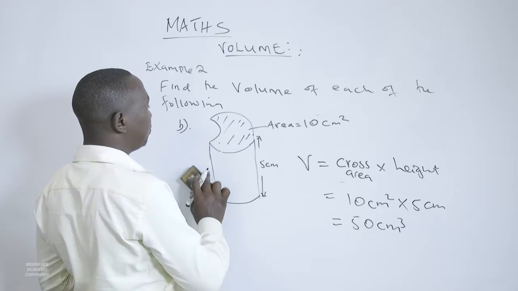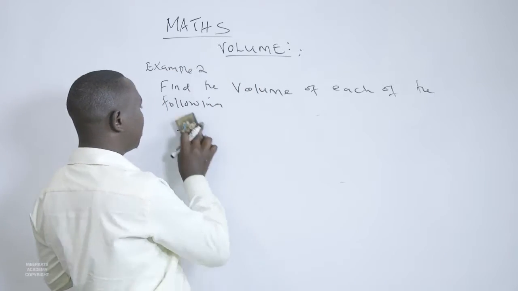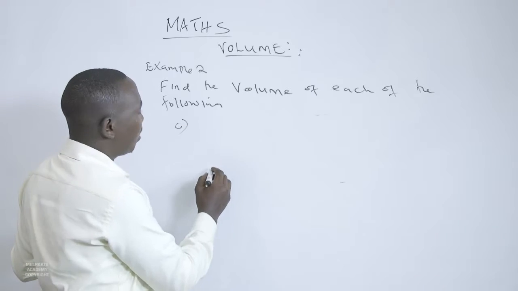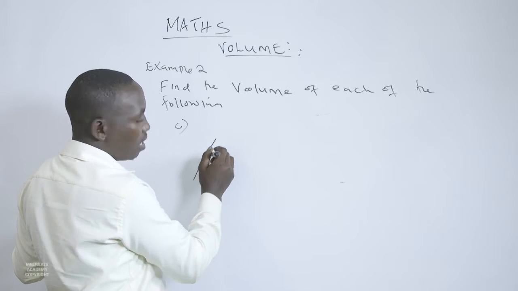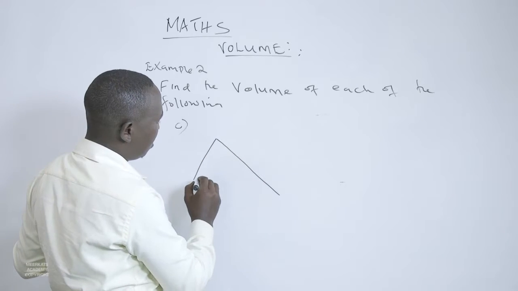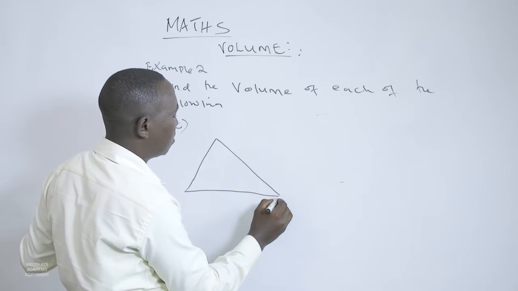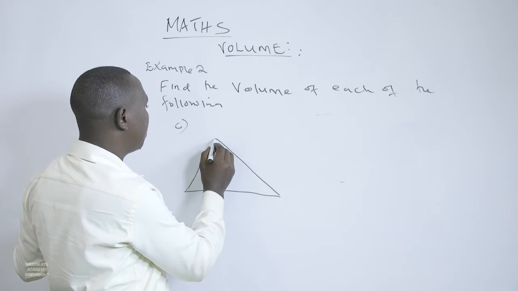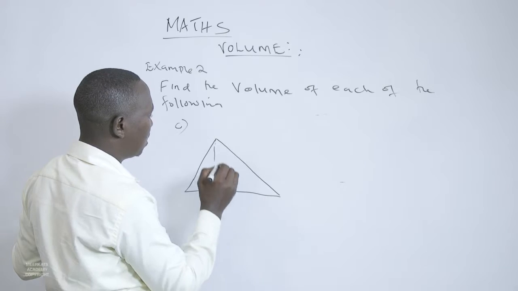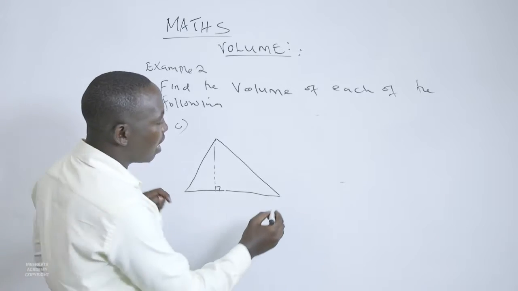The third one, we have a figure that has a cross-section in the form of a triangle.